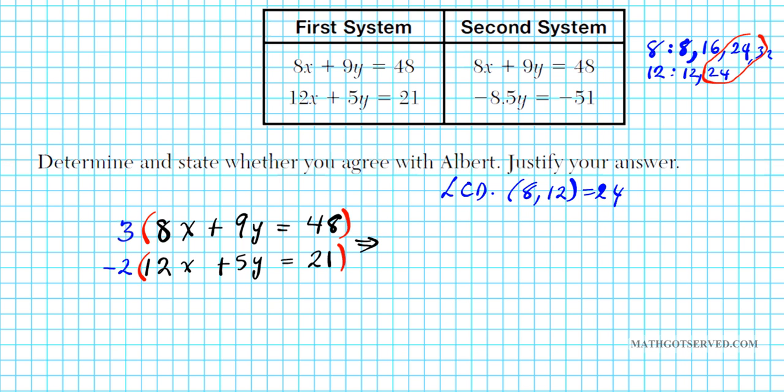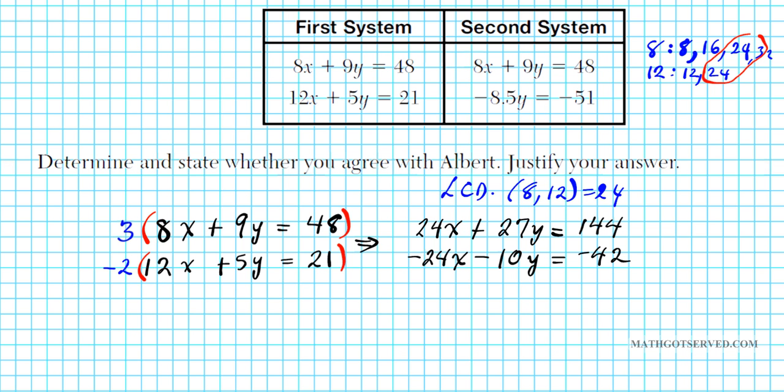Okay, so when we triple equation 1, the first equation, we have 24x plus 27y equals what? 48? No. You have to triple 48, which is 144. Now, negative 2 times this entire equation, that gives us negative 24x minus 10y equals what?